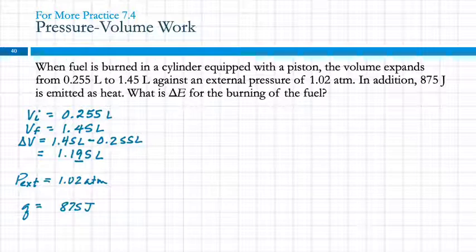Is that a positive or a negative number? If it's coming in, it's positive. Emitted is going out. So it's giving off, and so this Q is negative. This is where the sign, the direction, is given by the words.